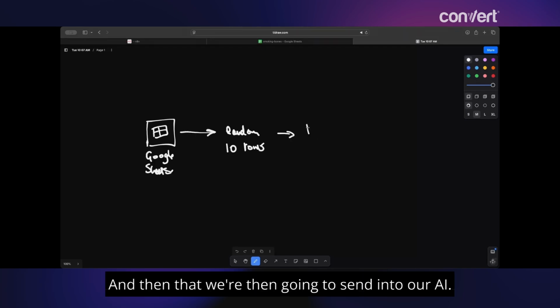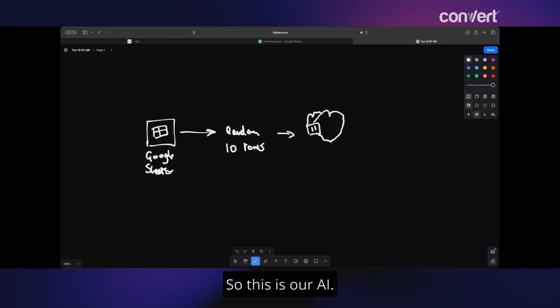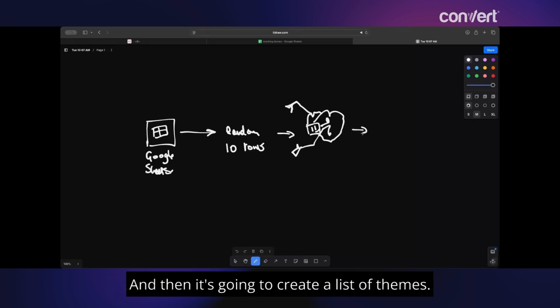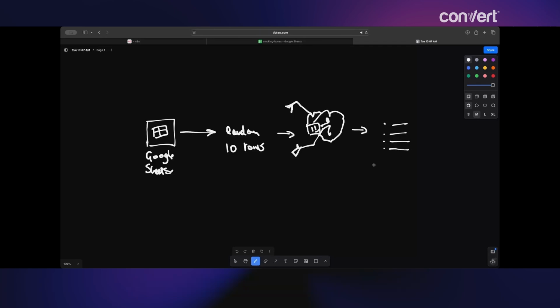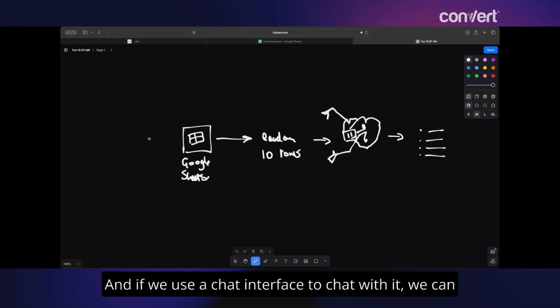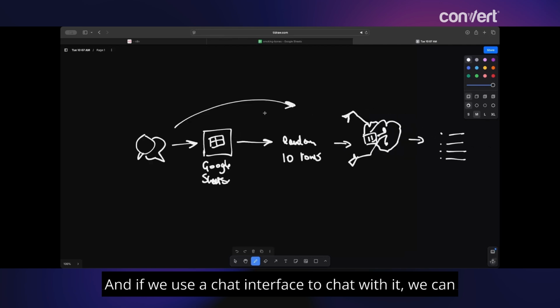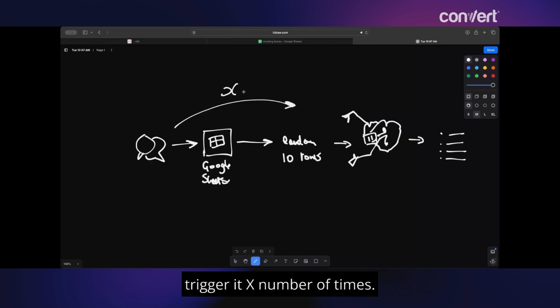And then we're going to send that into our AI. So this is our AI. It's welcoming the user feedback with open arms. And then it's going to create a list of themes. And if we use a chat interface to chat with it, we can trigger it X number of times.